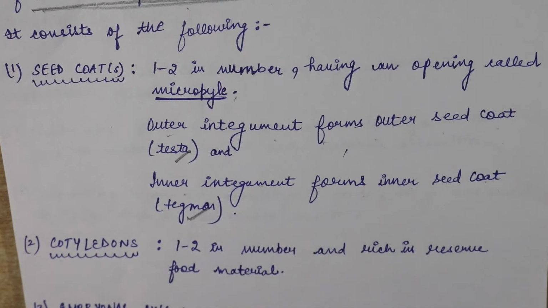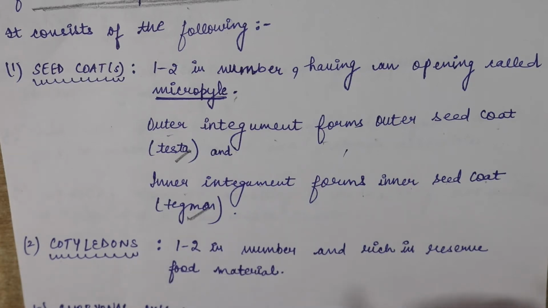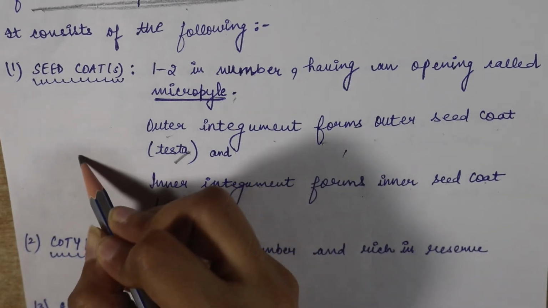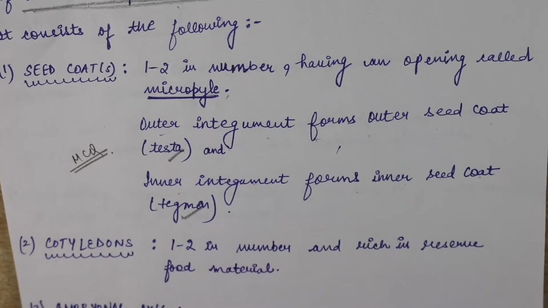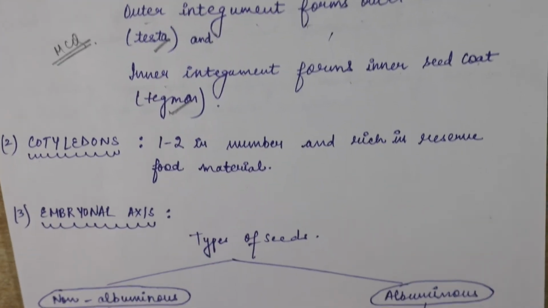So an MCQ can also come of this: what does the outer integument form and what does the inner integument form? So you have to learn it. It is a 1 marker question.